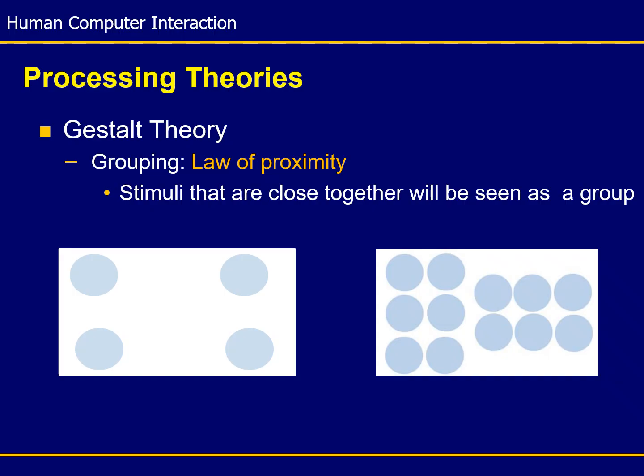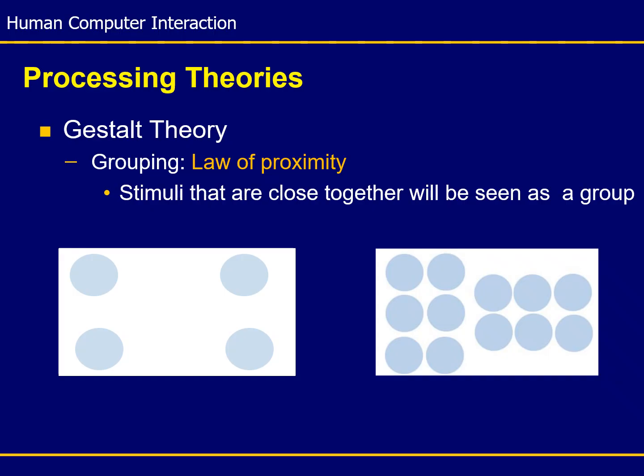The first one is called the proximity gestalt, or often referred to as the law of proximity. What this tells you is that stimuli that are close together will be seen as a group. So if you look at these two images, and I ask you what you are seeing in each one, in the left you will tell me I am seeing 4 circles. In the right you're going to tell me I am seeing 2 groups, each of 6 circles.